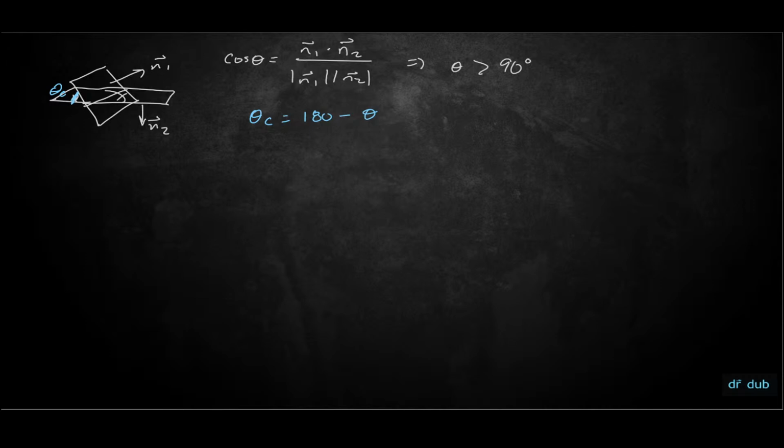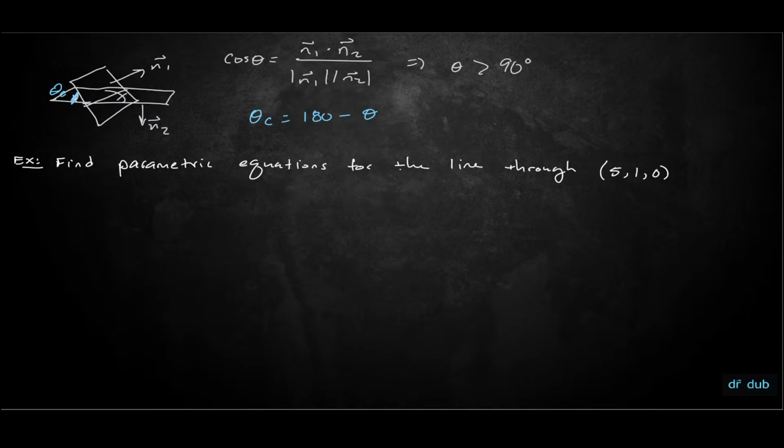Okay, next example. Says find parametric equations for the line through the point 5, 1, 0 that is perpendicular to the plane 2x minus y plus z equals 1.